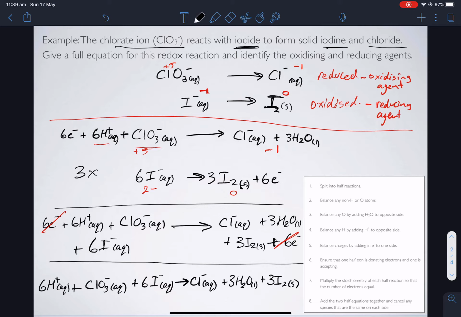Okay, so there's our balanced half. Sorry, not our balanced half, our balanced full. And we've worked out that the chlorate is the oxidizing agent and the iodide is the reducing agent.